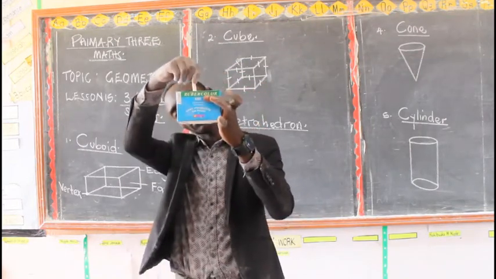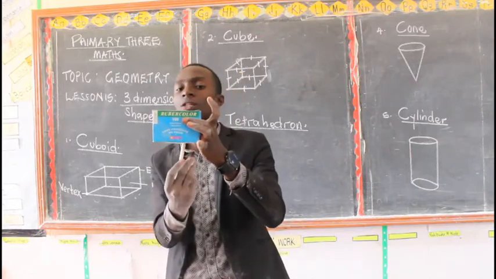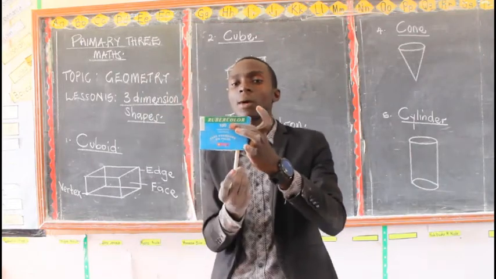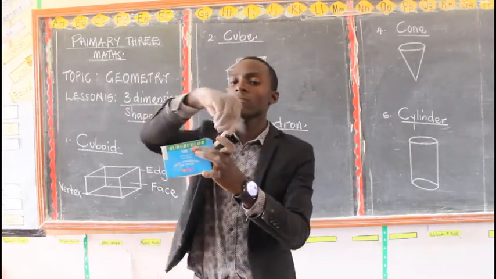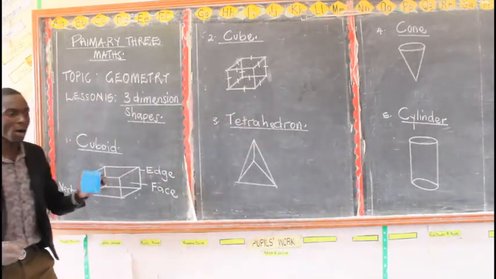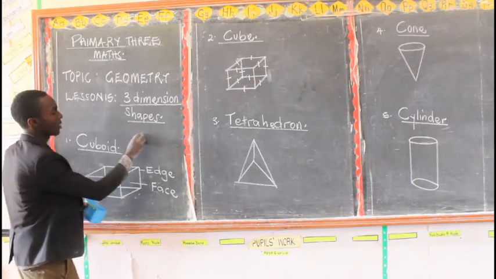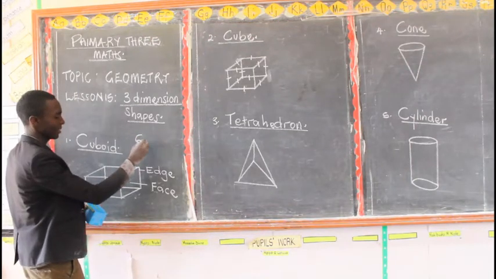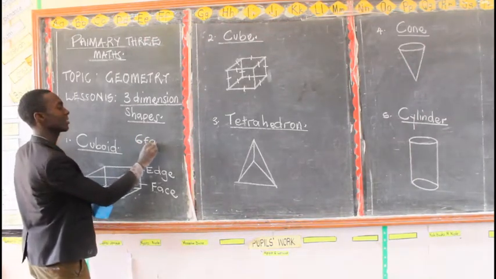When I count this face, I have also to count this one. It means that here it is 1, this one is 2, this one is 3, this one is 4, this one is 5, and the other one is 6. So you can see that there are 6 faces.